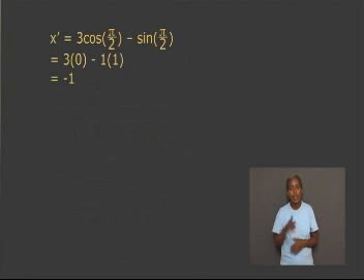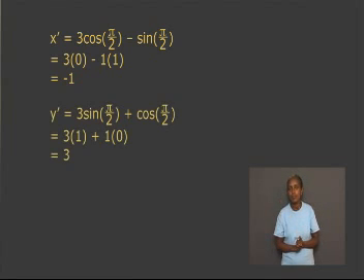X prime is equal to 3 times the cosine of pi over 2 minus the sine of pi over 2. This is equal to -1. Y prime is equal to 3 times the sine of pi over 2 plus the cosine of pi over 2.